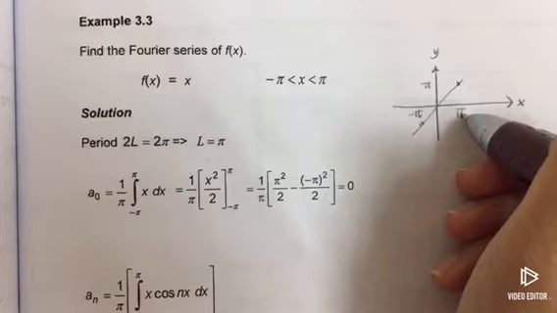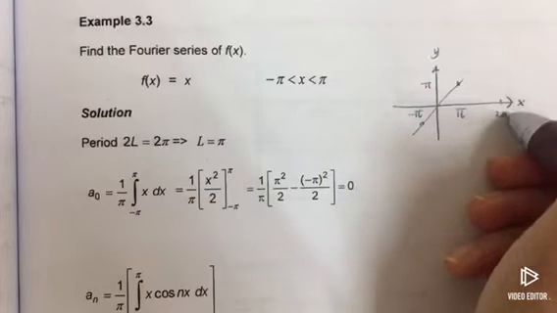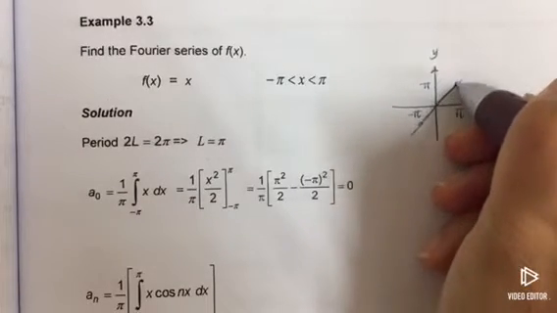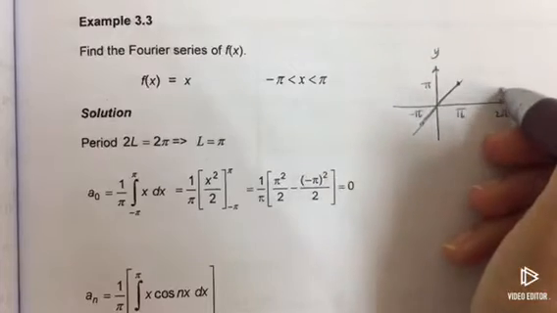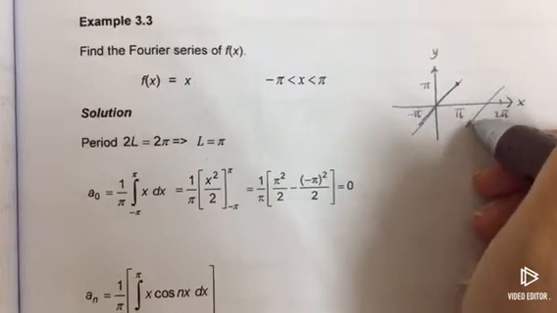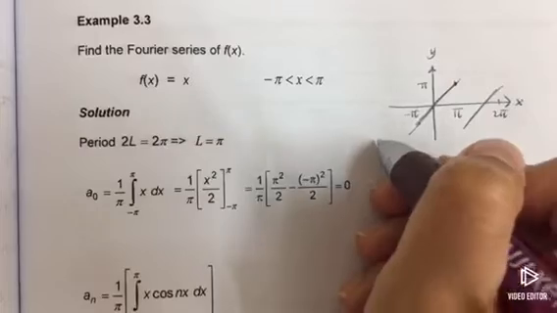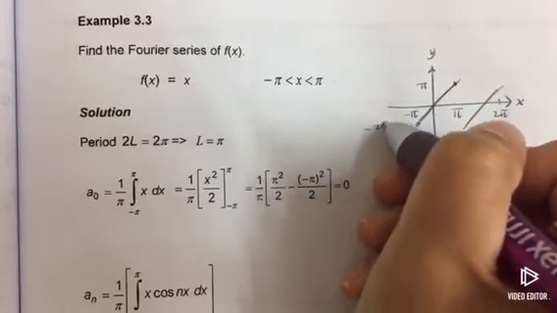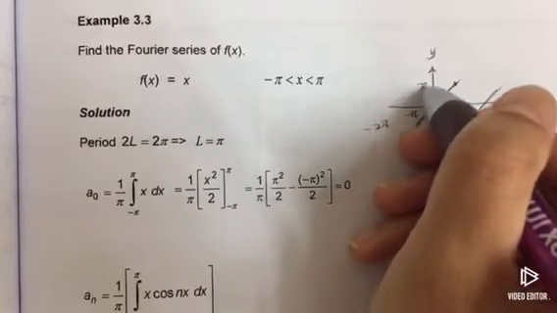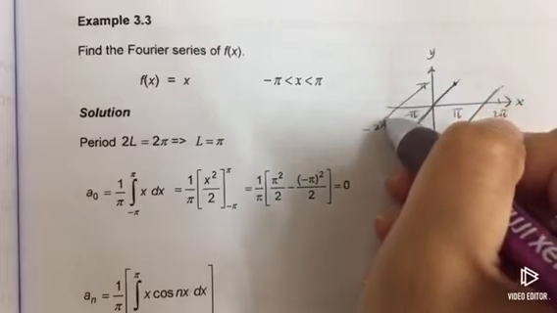Then from pi to 2 pi, we copy the same sheet we put here, and from negative 3 pi to negative pi, also the same sheet.